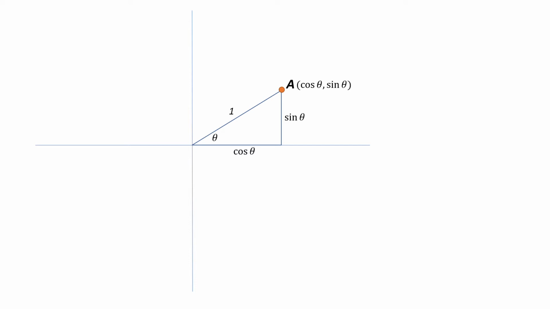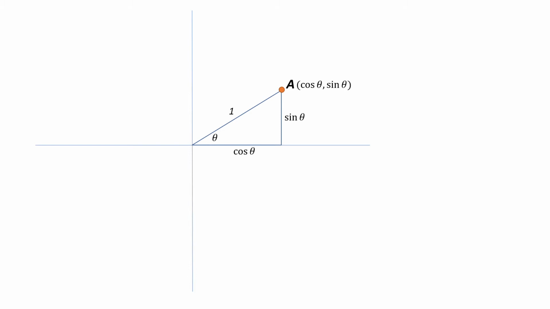But the next question I have is, what's going to happen if we start changing theta? Obviously, the point A starts moving. But the point A, no matter where it moves, no matter what's happening with angle theta, is going to be at distance 1 from the origin of the coordinate system, always.